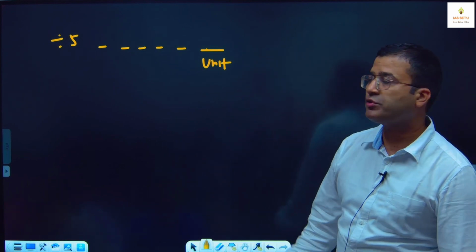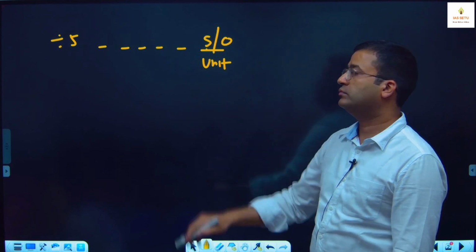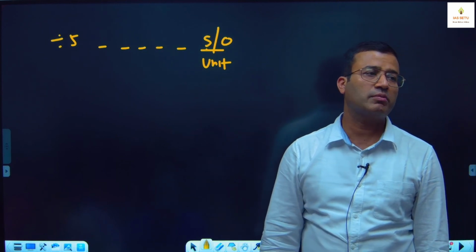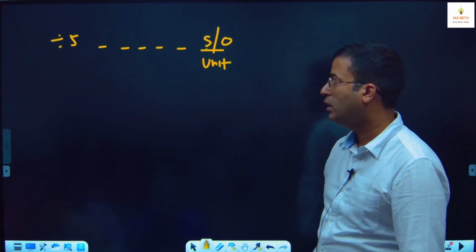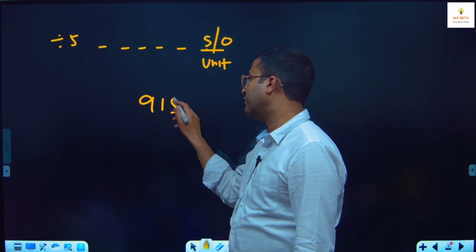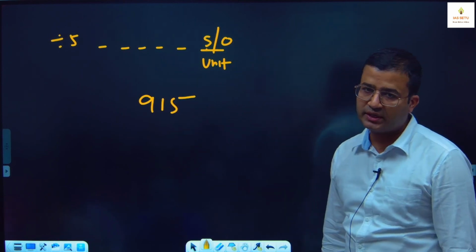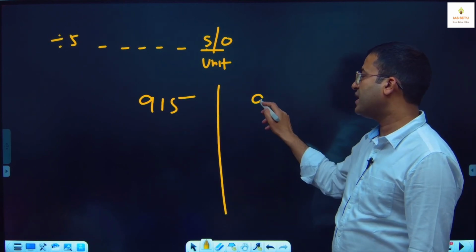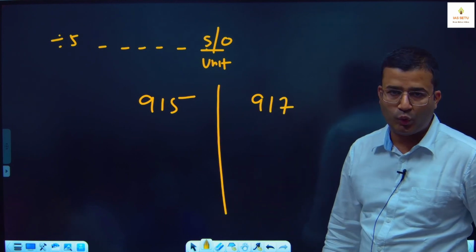If at unit place you have 5 or 0, it means that number is divisible by 5, otherwise not. Like for example 950, yes, this number is divisible by 5. But if I ask 917, no.